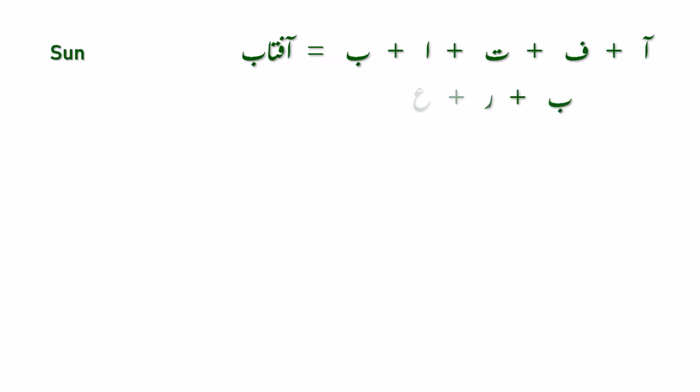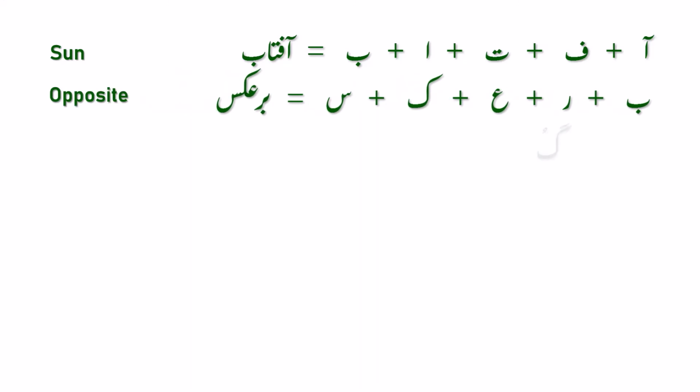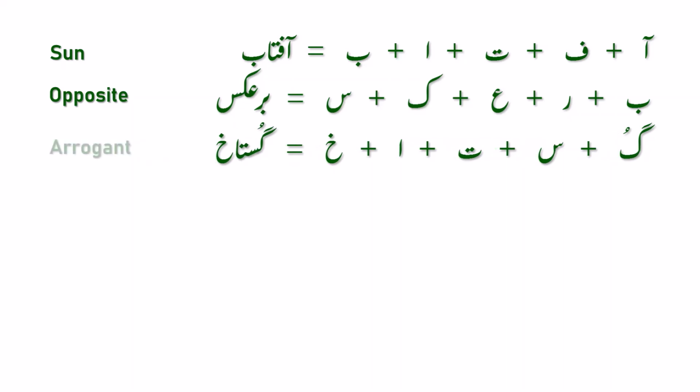Be, Re, An, Chhoti Kaf, Seen, baraks, opposite. Gaf, Pesh, Seen, Te, Alif, Khe, gustakh, arrogant. Gaf, Ze, Alif, Re, Sheen, guzarish, request.